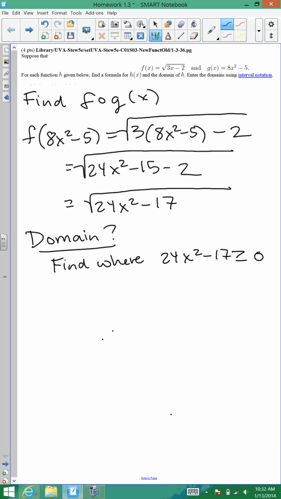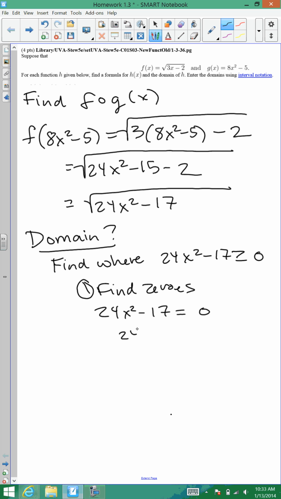So to do that, we need to solve this quadratic inequality. To solve the quadratic inequality, the first thing you need to do is find the zeros. And to find the zeros, we set 24x squared minus 17 equal to 0.